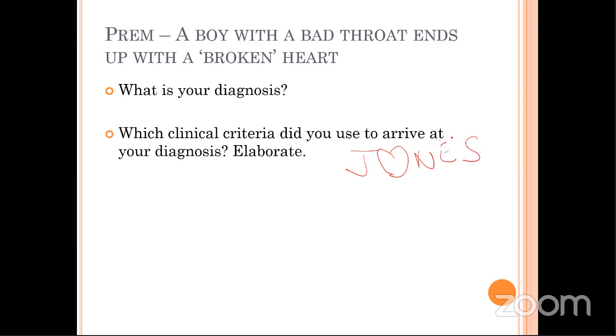J is for joints, migratory polyarthritis. The heart is for carditis, pancarditis again, so all the layers of the heart will be involved. N is for nodules, subcutaneous nodules. E is for erythema marginatum, and S is for Sydenham's chorea.